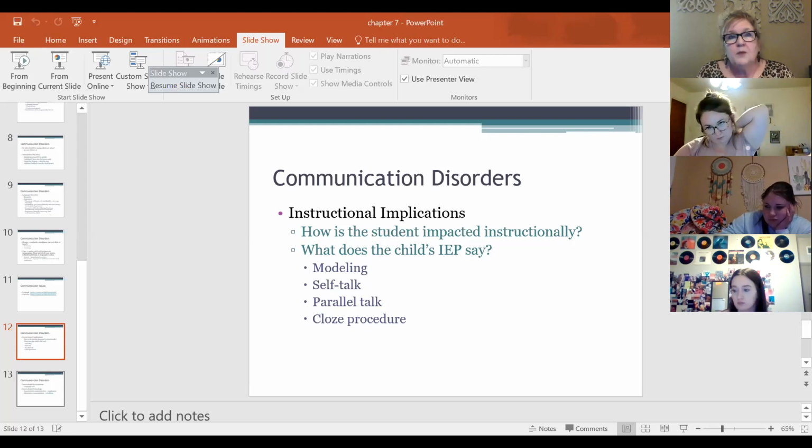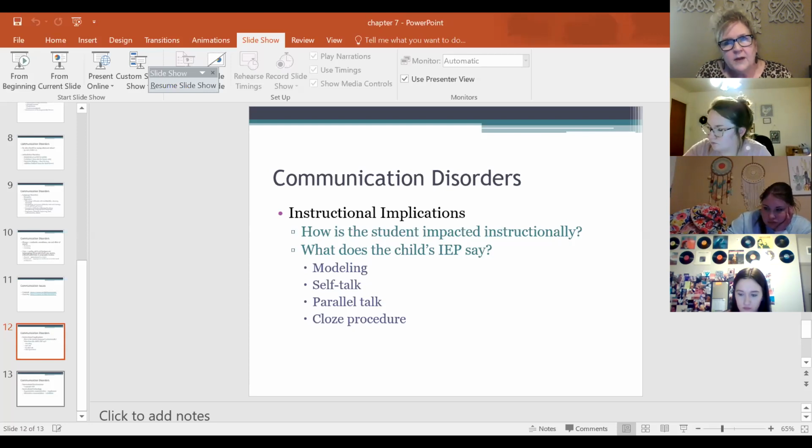We want to model appropriate communication, speaking very plainly, clearly, appropriately to the children that have the difficulty, and to every other child in the classroom, so that the student who has difficulty in communication can see a good example. We want to teach them self-talk so that they can practice hearing their own voice, practice with appropriate speech to themselves and then with others.